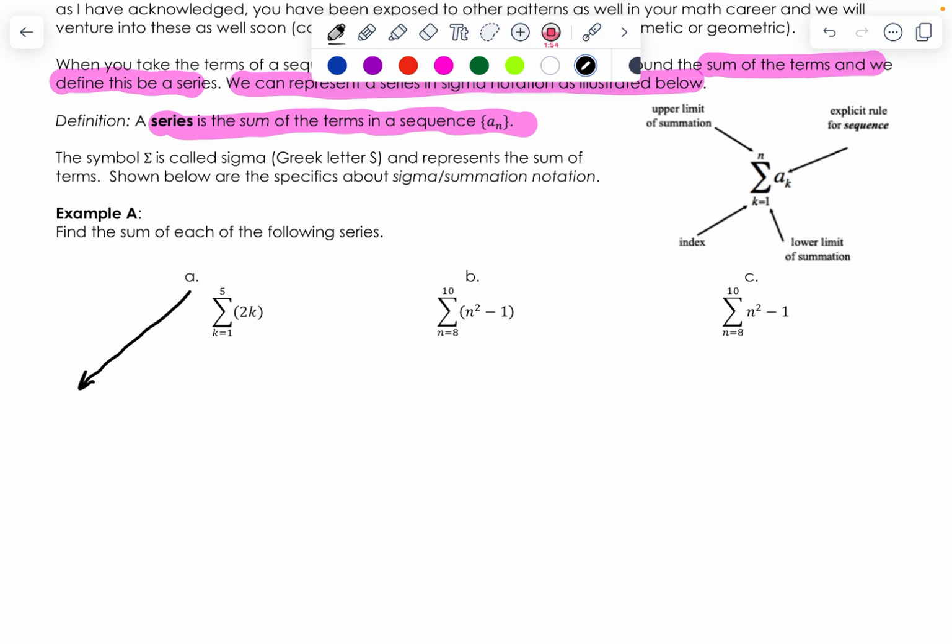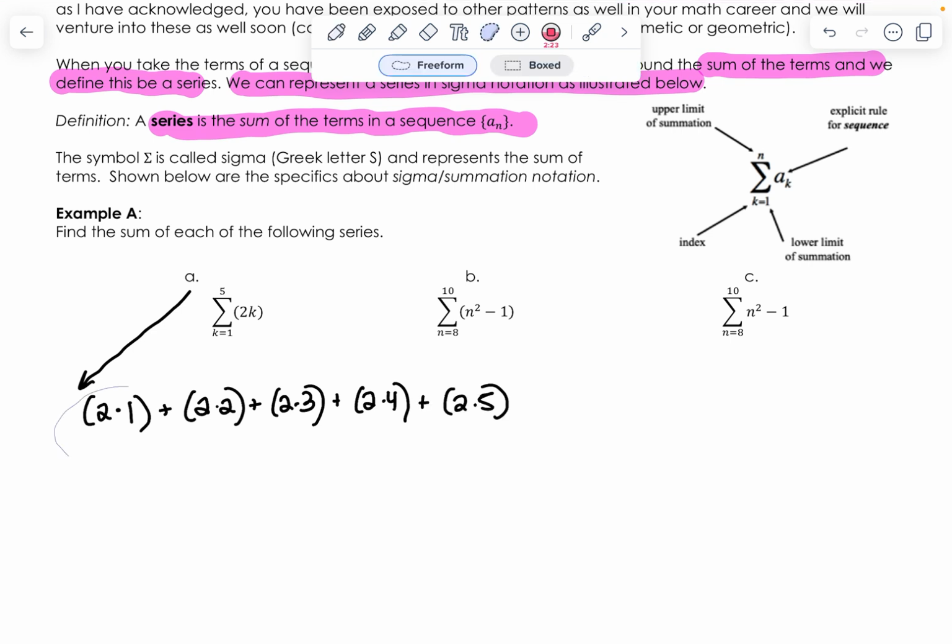So we would read this as the summation, k equals 1 to 5, of 2k. Notice the parentheses matter. What you're going to do is iterations of plugging in k is 1, then you add, k is 2, then you add, k is 3, k is 4, and k is 5.